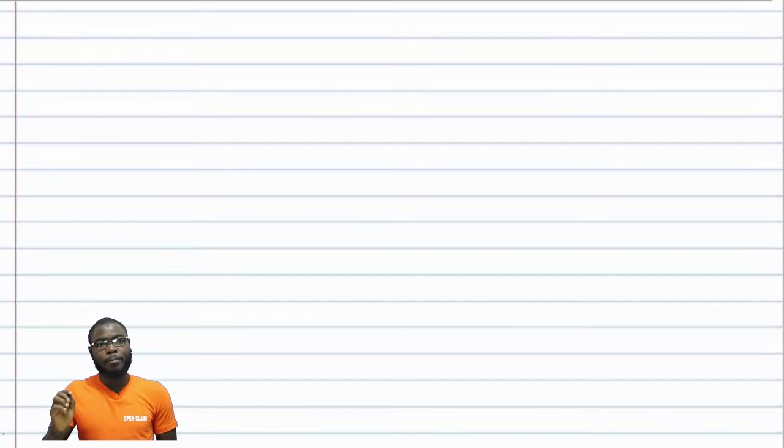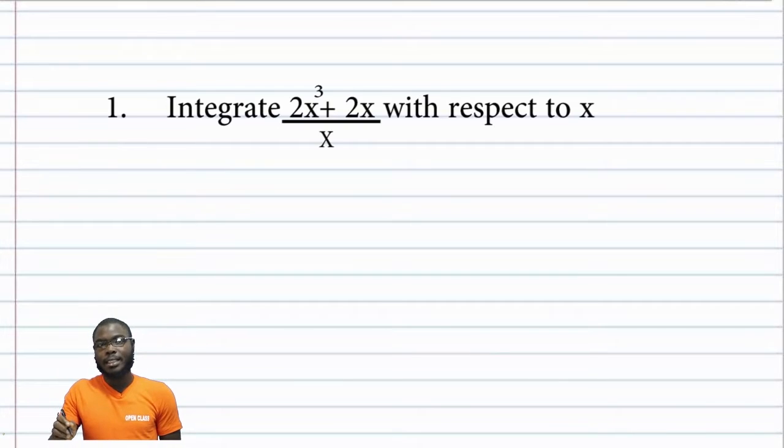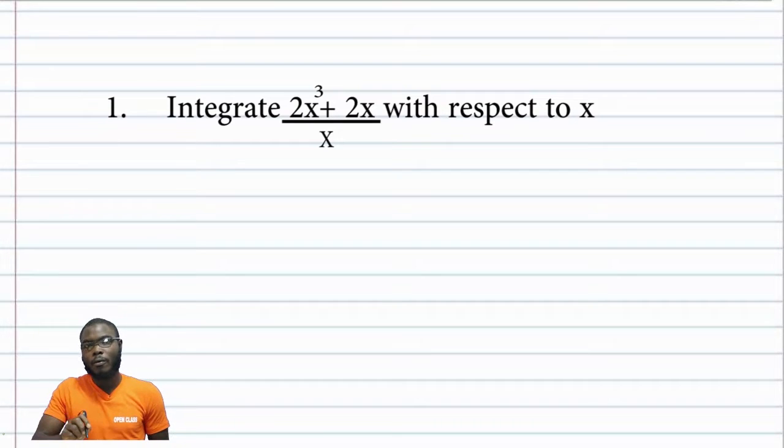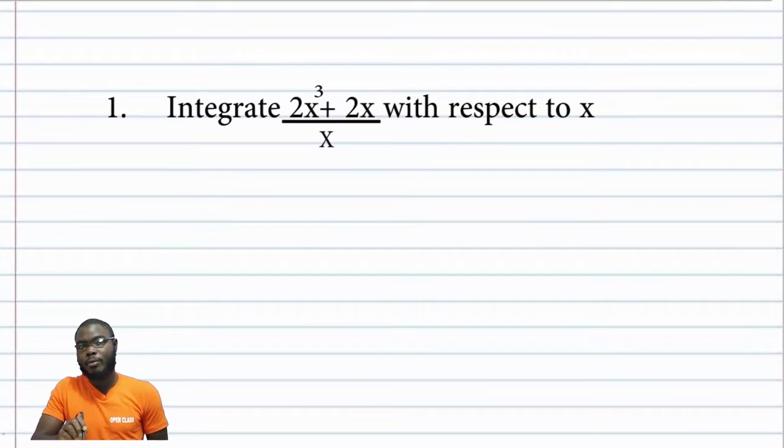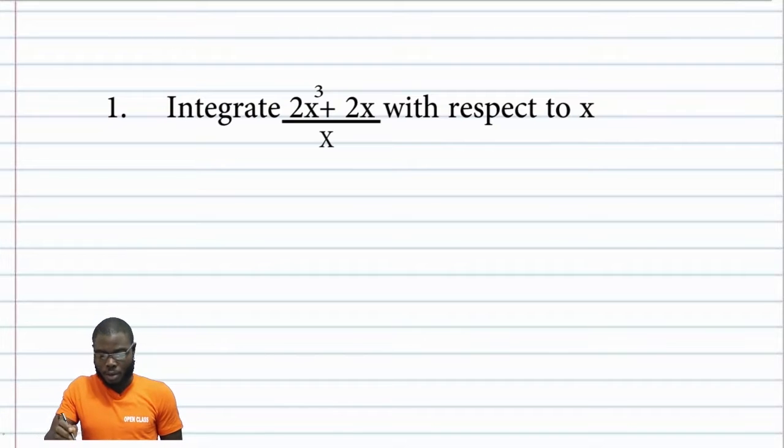Today we are looking at the UTME Mathematics 2016. So we're starting from question number 1, and question number 1 says integrate 2x cubed plus 2x over x. Integrate 2x cubed plus 2x over x with respect to x.